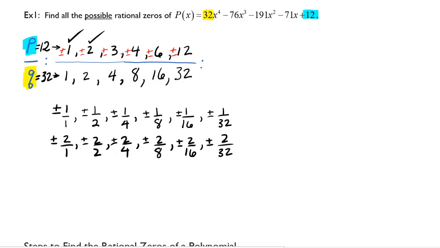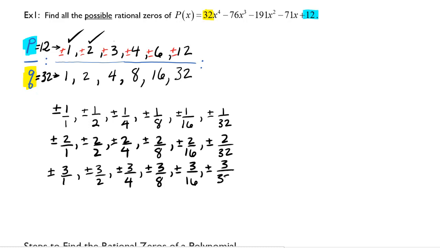Now I'm going to move on to 3. 3 is plus or minus 3 over 1, plus or minus 3 over 2, plus or minus 3 over 4, plus or minus 3 over 8, plus or minus 3 over 16, plus or minus 3 over 32. I got rid of the 3 now.